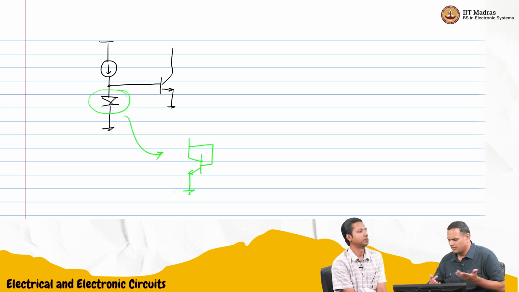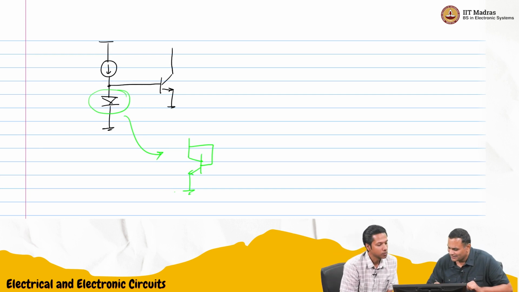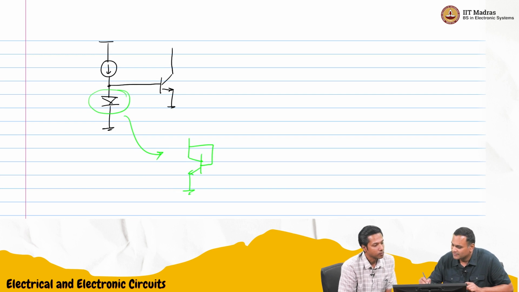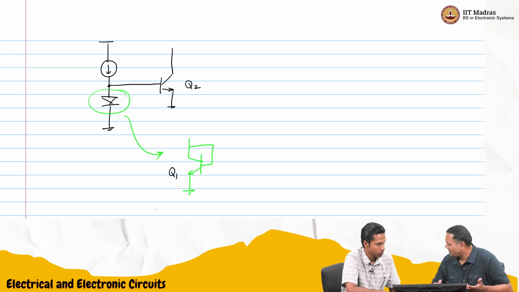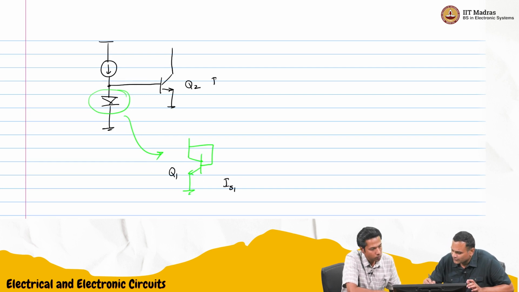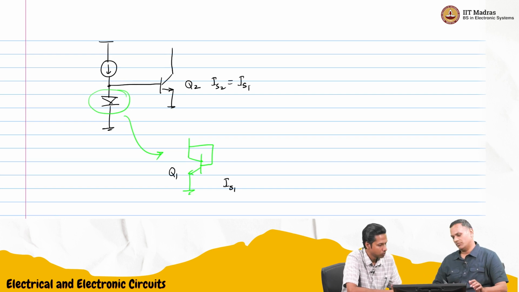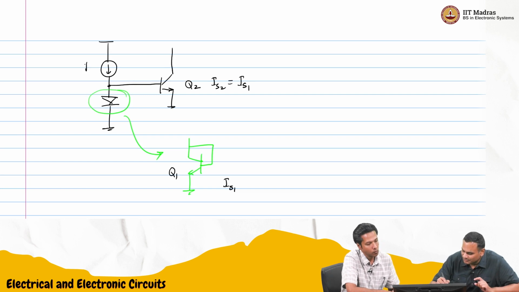Except now, suppose we call this Q1 and Q2, transistors Q1 and Q2 can be made such that they have the same IS1 and IS2. Then you get exact mirroring of the current.